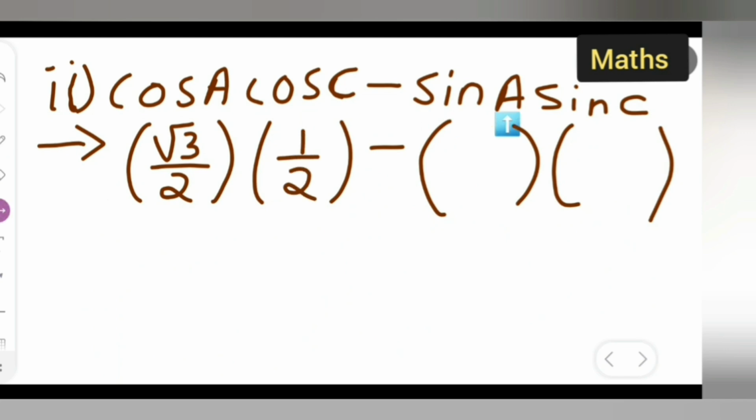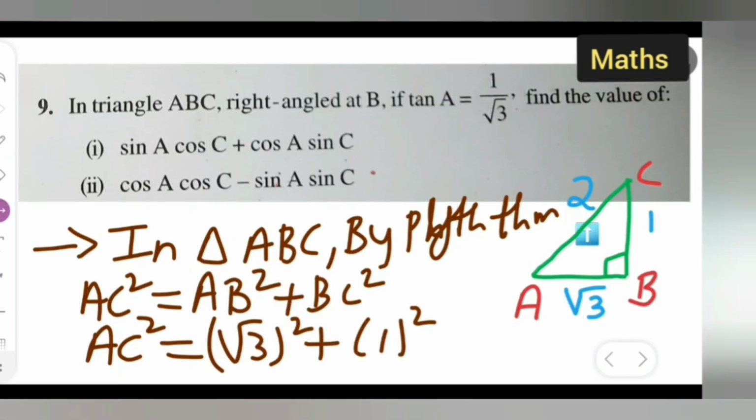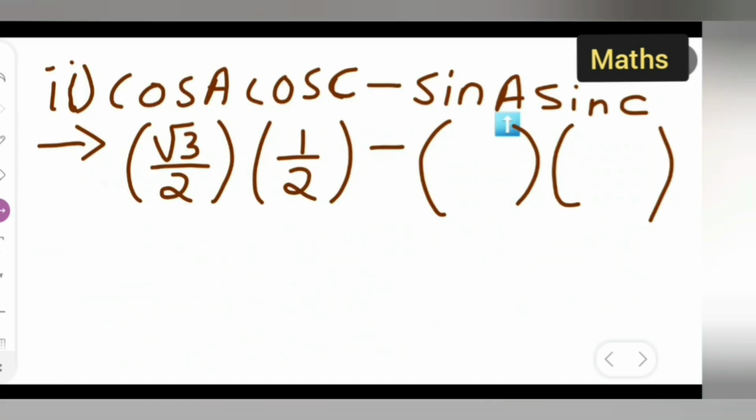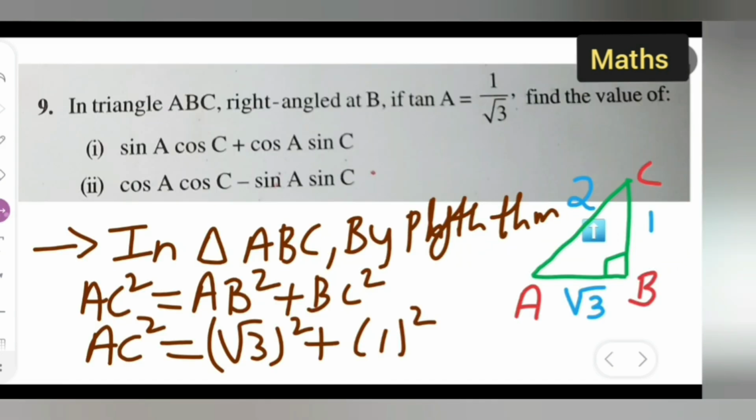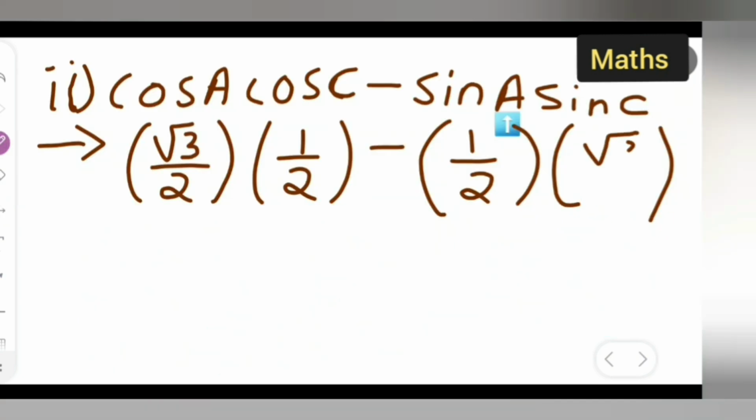Next we have sin A. Sin A means opposite, which will be 1 upon 2. So write down 1 upon 2, and sin C will be opposite, so root 3 upon 2. If I multiply, you will get root 3 upon 4.